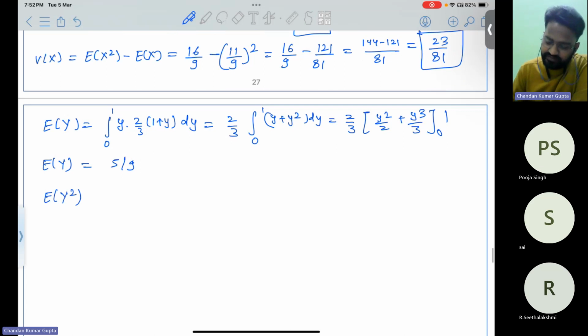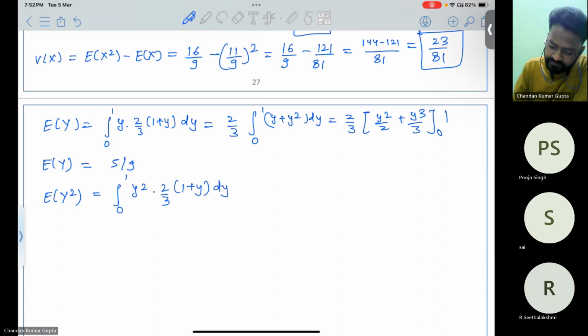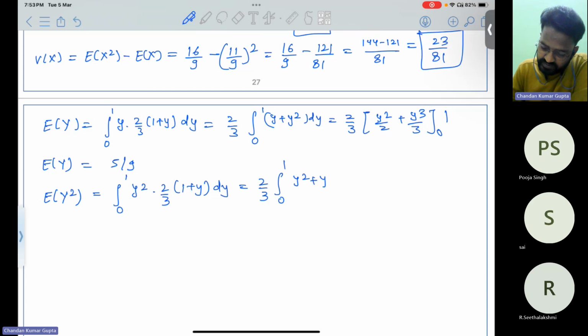In a similar manner, expected value of y square comes out to be the integral from 0 to 1 of y square times 2 by 3, 1 plus y dy, which is 2 by 3 times the integral of y square plus y cube dy, which is 2 by 3 times y cube upon 3 plus y to the power 4 upon 4, 0 to 1.